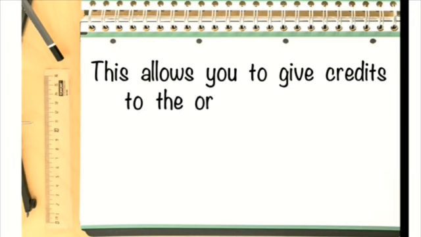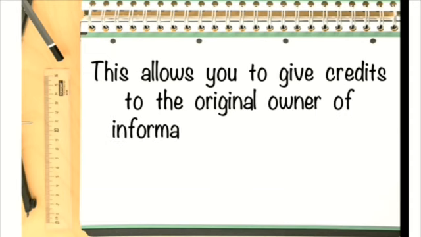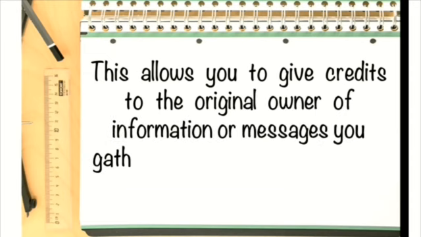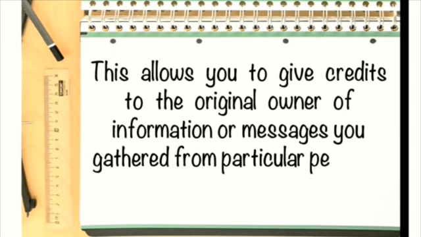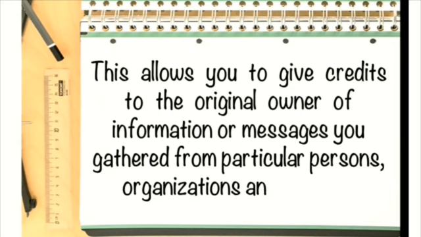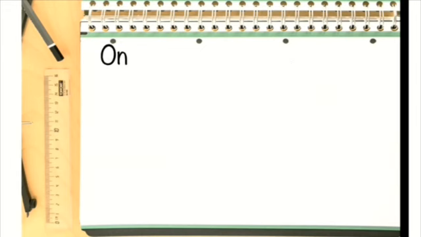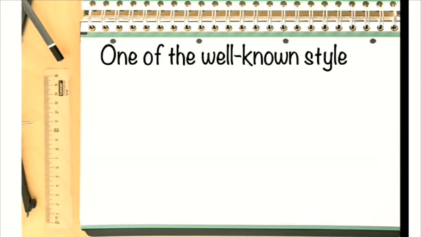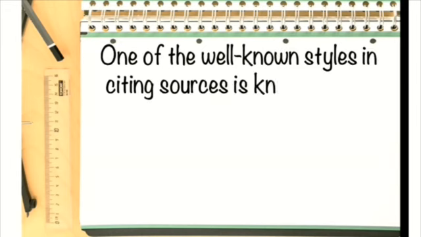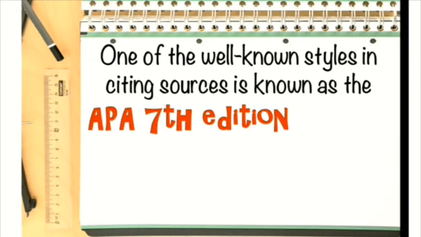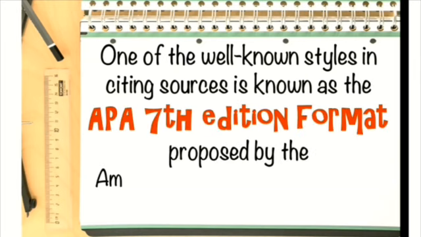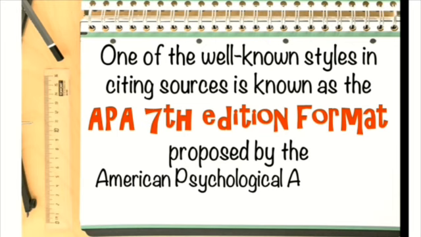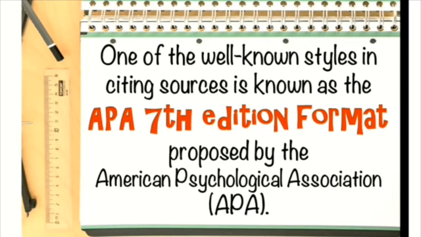This allows you to give credits to the original owner of information or messages you gathered from particular persons, organizations, and the like. One of the well-known styles in citing sources is known as the APA 7th edition format, proposed by the American Psychological Association or APA.